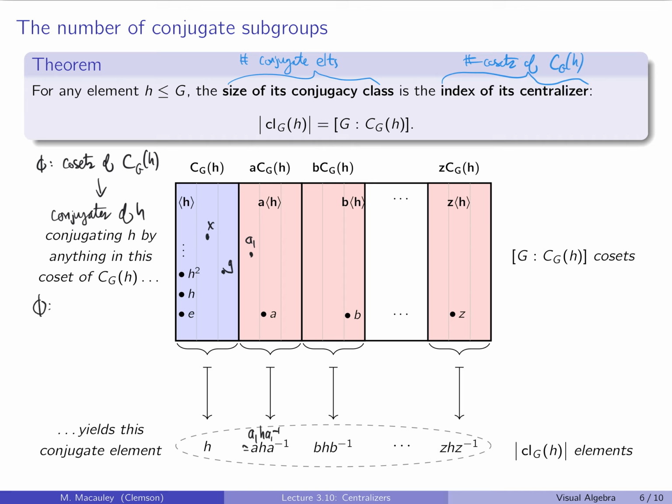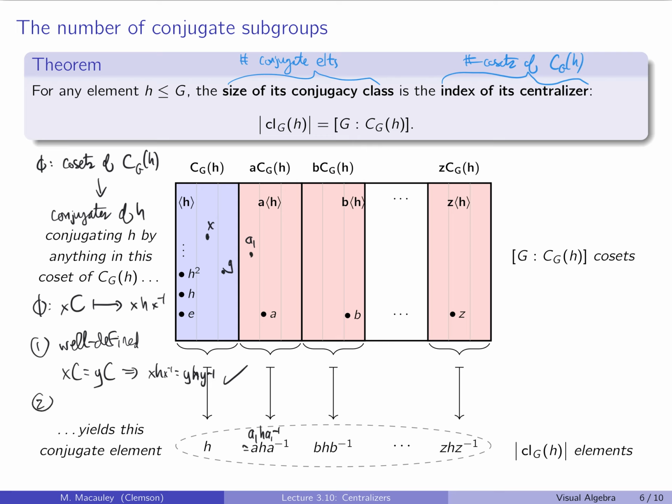Well, let's send a coset, I'm just going to call that xC instead of x C_G(h), to the conjugate x h x inverse. And we have to first show that this map is well defined. Remember, what that means is if we have xC equals yC, then x h x inverse equals y h y inverse. So we have to show that.